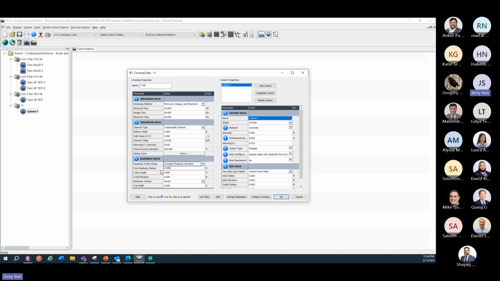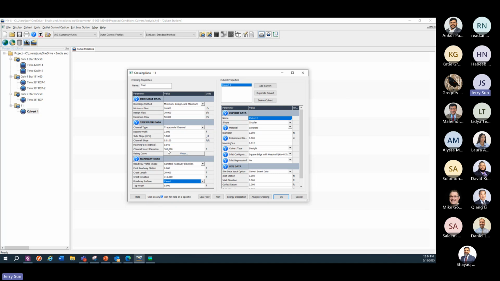So the first station is 0, and the crest length we will get 20. This really depends on the roadway. Crest elevation, for example, maybe 315, because we just assume.